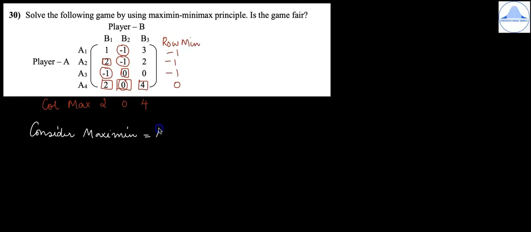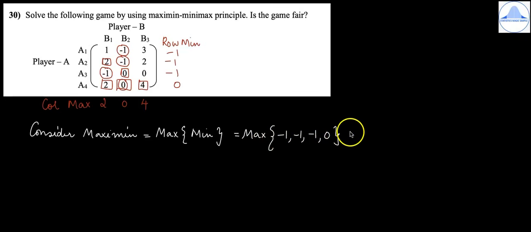Maximin, you can split it as maximum of the minimum values. So this is equal to maximum of the minimum values, which are -1, -1, -1 and 0. So the maximum among these is 0.